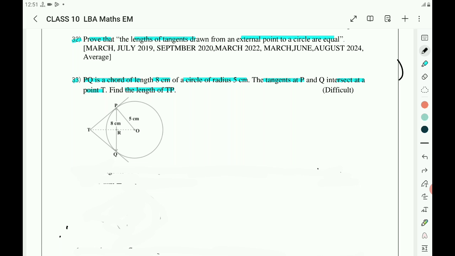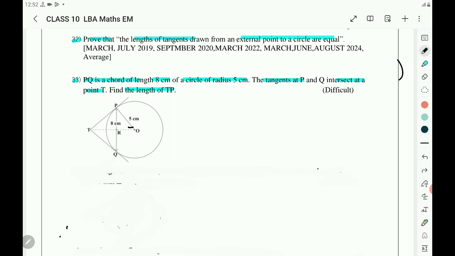The line joining the center and the external point subtends equal angles at the center and also equal angles at the external point. So these two angles are equal. Then TO becomes the angle bisector of the angle PTQ. So it must be perpendicular to the base. So TO is perpendicular to PQ.